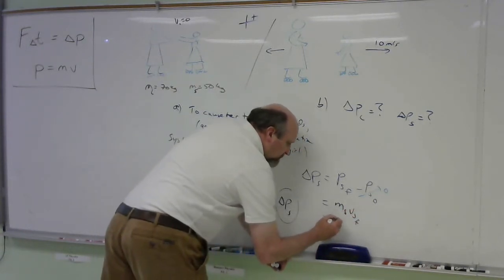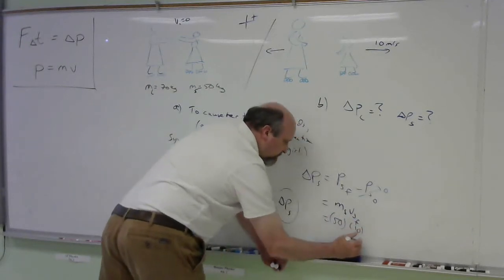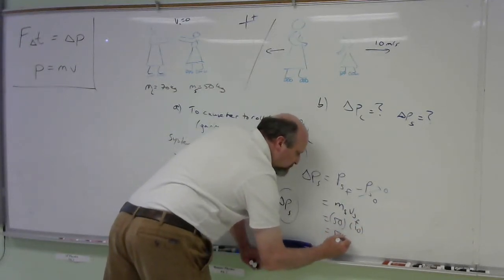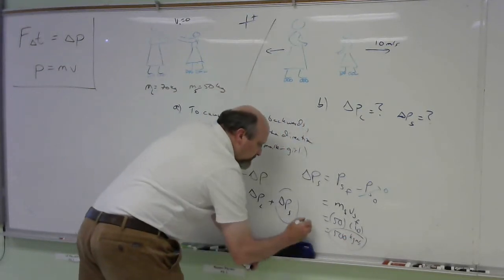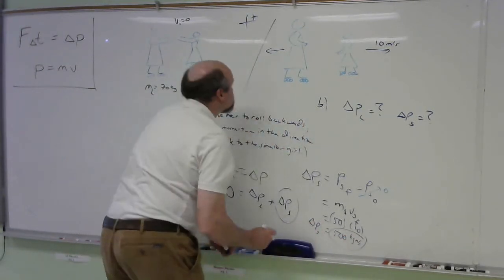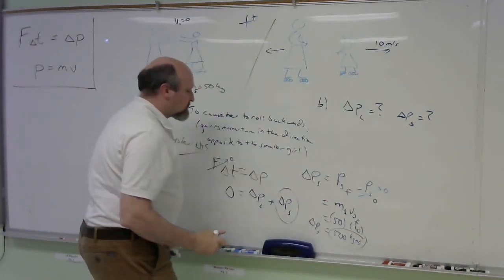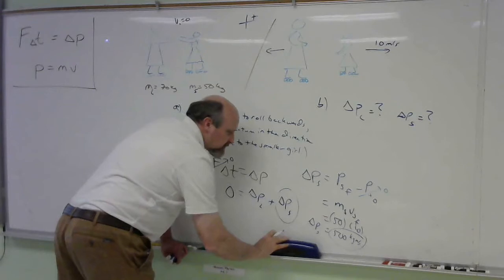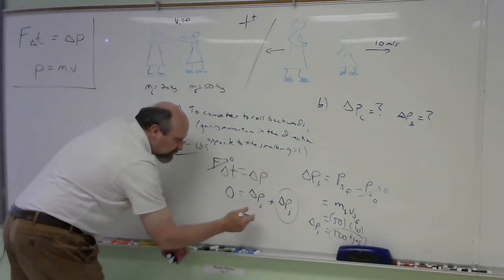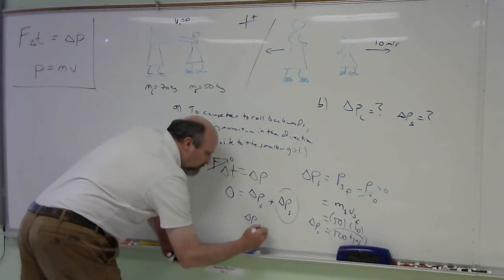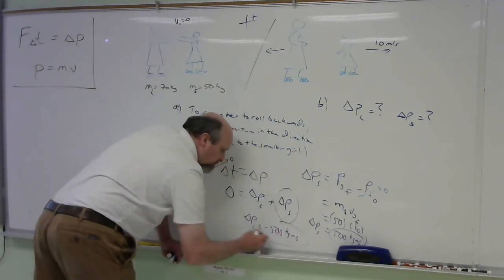That's just going to be 50 going at 10 meters per second. 50 times 10, that's 500 kilogram meters per second. That's the change in momentum for the smaller girl. You notice that I chose to call right positive, and so she's gaining momentum to the right. With these changes, they're equal and opposite. So if I put 500 in here, delta P L plus 500 is 0. Delta P L had better be negative 500 kilogram meters per second.